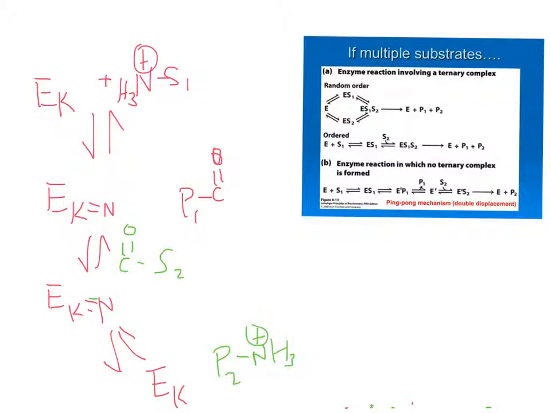Usually it will modify the enzyme and then it will leave, so it transferred its functional group over to the enzyme. Then the second substrate comes in, would take the amino group in that instance to regenerate the enzyme and to make your second product. So that's why it's called double displacement, because two things are displaced, or ping pong, because it goes back and forth, back and forth.